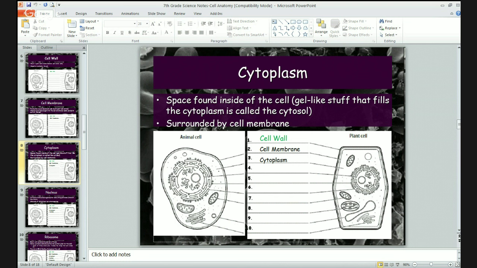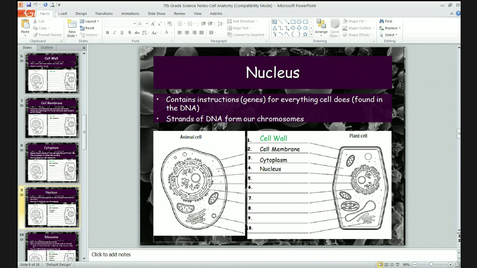Okay, number 4 is the nucleus, which is this little circular structure here. This big one right in here on the left side. And on the right side of the plant cell, it's this structure right here. Hopefully you can see it.